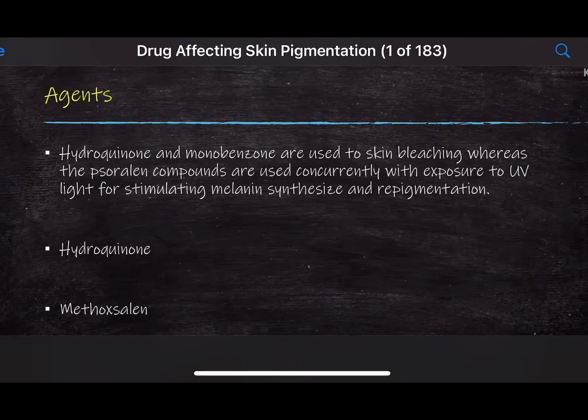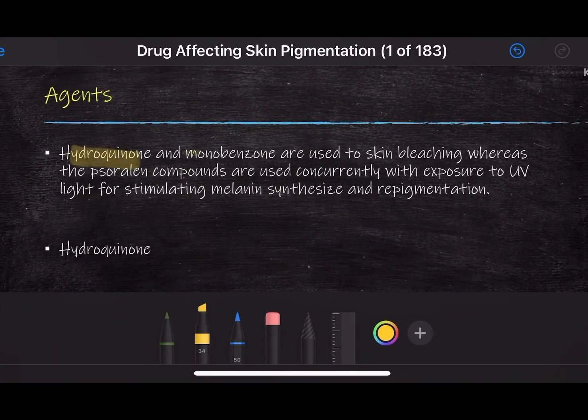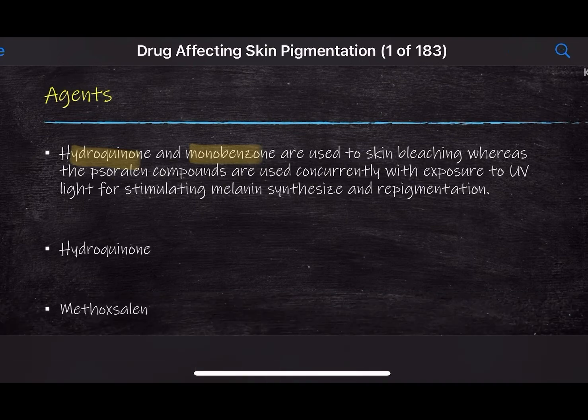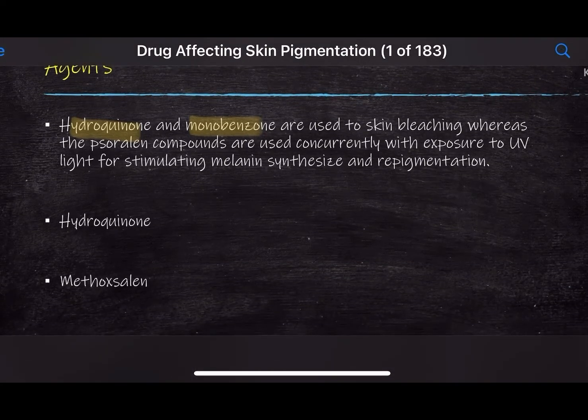Agents which can be used for treatment of skin pigmentation. There are different agents like hydroquinone, monobenzone, then methoxyline. These are some agents which can be used for treatment of skin pigmentation.